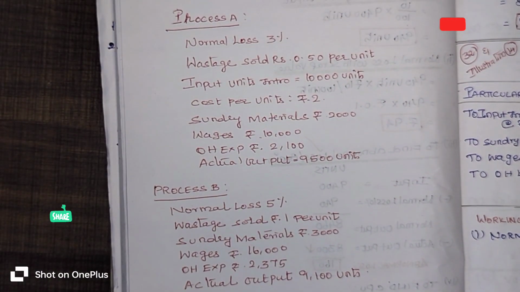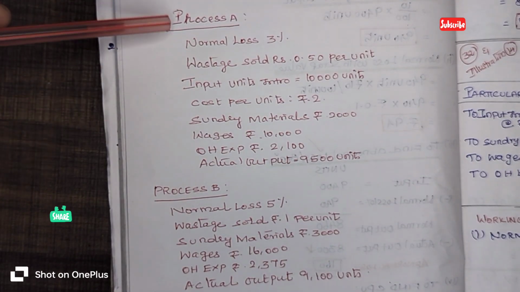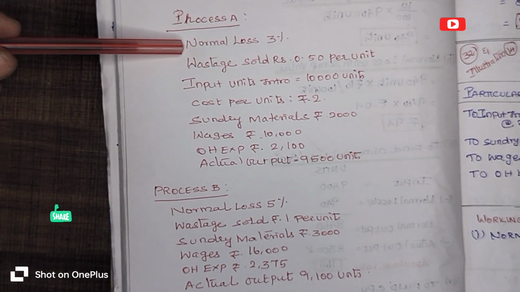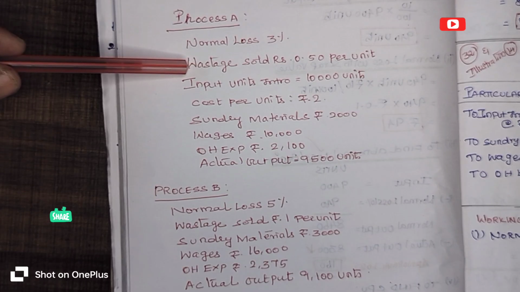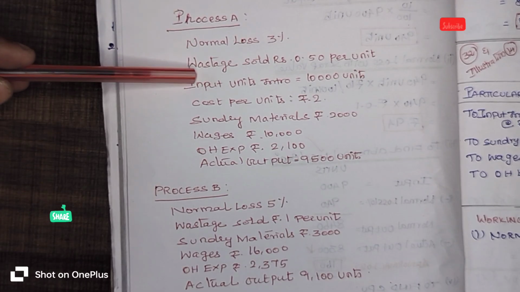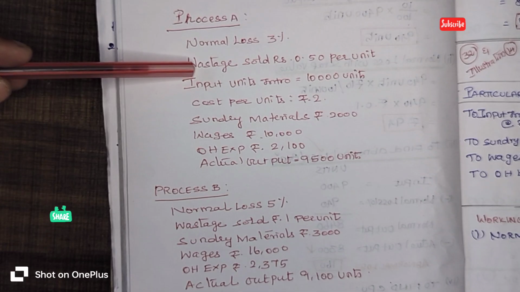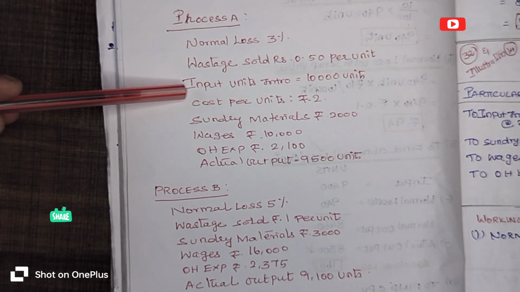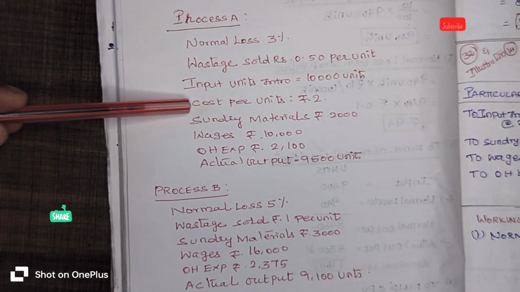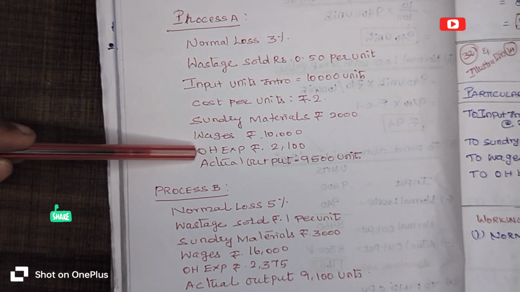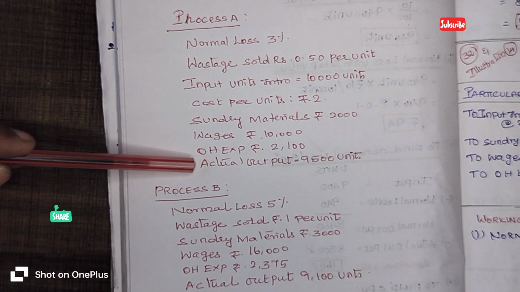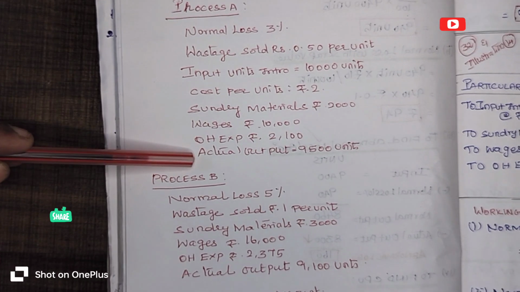Let's simply understand what they have given in the book. Process A has normal loss 3%. Wastage sold at 0.50 per unit, this is the scrap value, right? 50 paise per unit scrap value. Input units introduced 10,000 units, cost per unit 2 rupees, sundry materials 2,000 rupees, wages 10,000 rupees, other expenses 2,100 rupees, and the actual output 9,500 units.